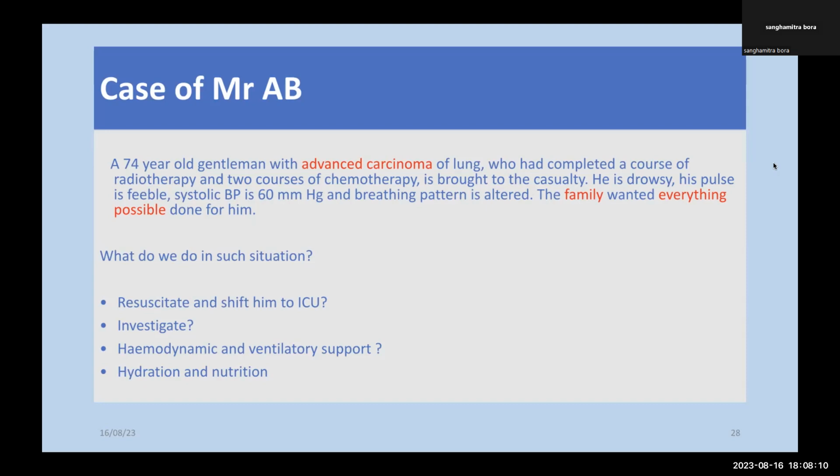Now, the family wanted everything possible done for this patient. So what do we do in such a situation? Do we resuscitate and shift him to the ICU? Do we keep on investigating him? Do we also take care of the hemodynamic and ventilatory supports? What about the hydration and nutrition support for this patient?